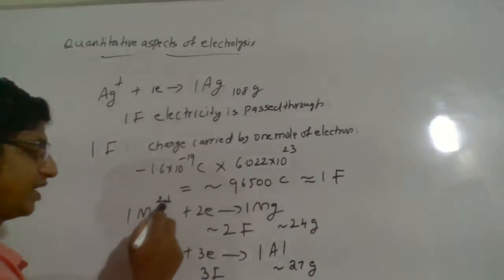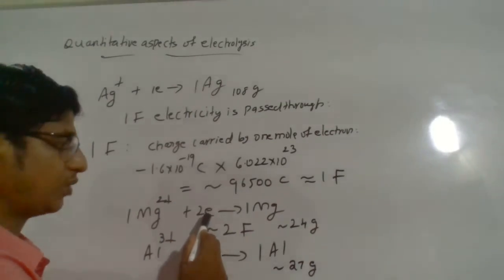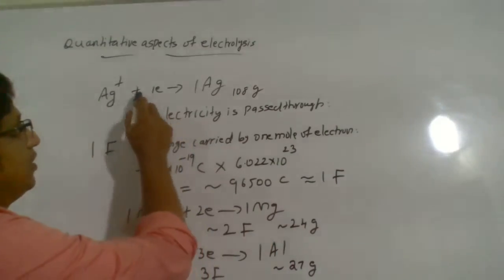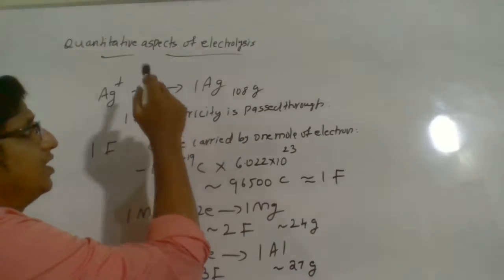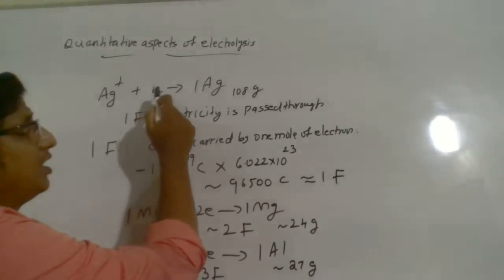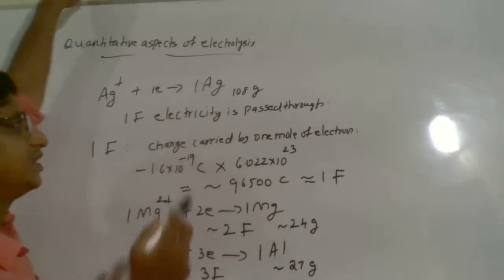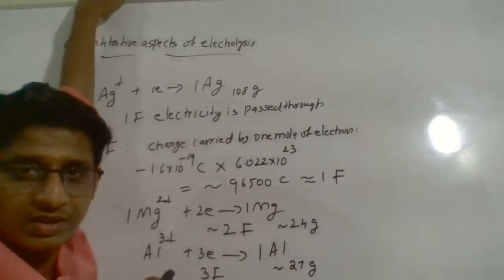Here the valency of magnesium is 2, which means 2 moles of electron are required for deposition of 1 mole of magnesium. For silver the valency is 1, so if you pass 1 farad electricity, the amount deposited is 108 gram, or 1 mole of silver.